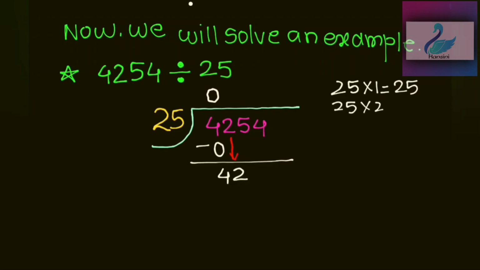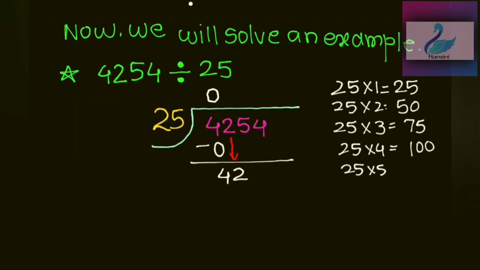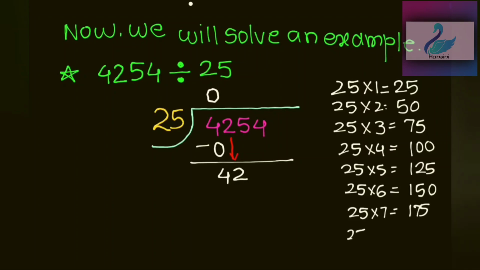Now in the rough work, I will write the table of 25. 25 ones are 25, 25 twos are 50, 25 threes are 75, 25 fours are 100, 25 fives are 125, 25 sixes are 150, 25 sevens are 175, 25 eights are 200.